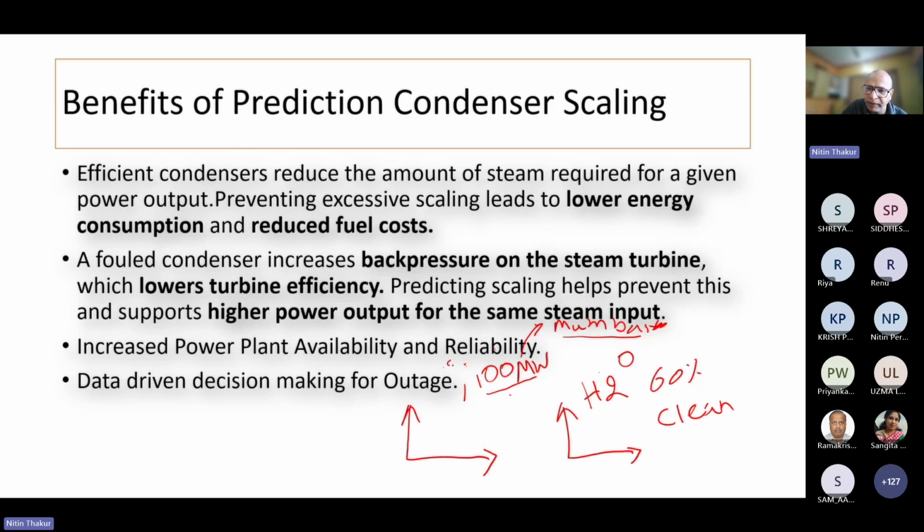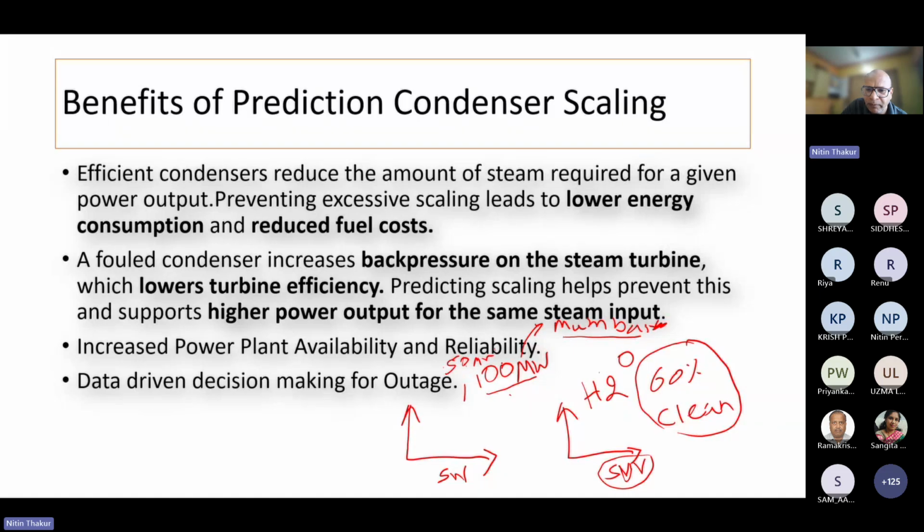It's just that, for some reason, I was running power plant 1 at 150 megawatt and power plant 2 at 50 megawatt. So now I can take a decision like, okay, my power plant 1 is acting more as a Maruti Swift and my power plant 2 is acting as an SUV. So let me park the SUV at my home and get the condenser cleaned.